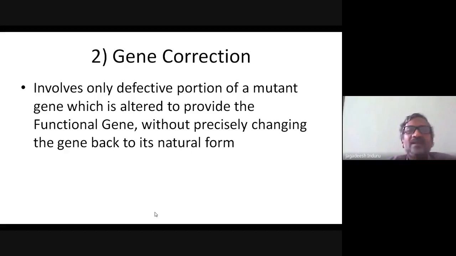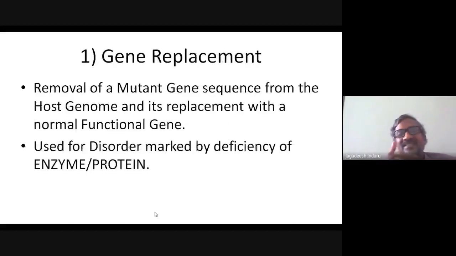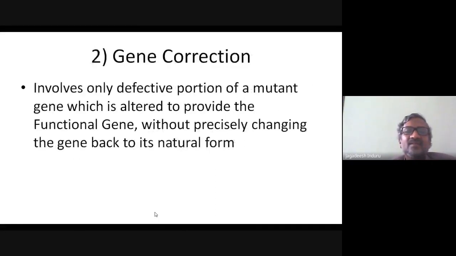In the previous case, we are removing the mutant gene completely and replacing it in the host genome. In this particular case, only the particular portion you have is being corrected. So most of the times, the functional gene after correction will function correctly.